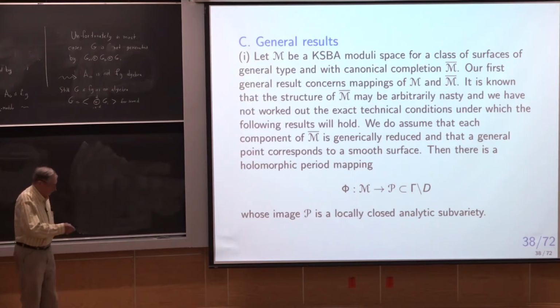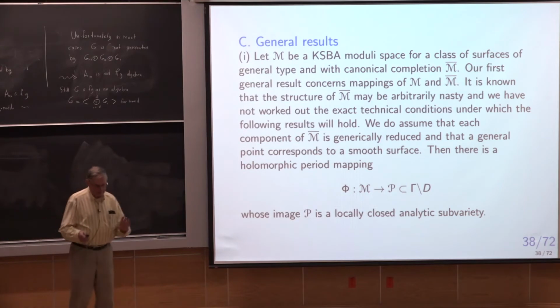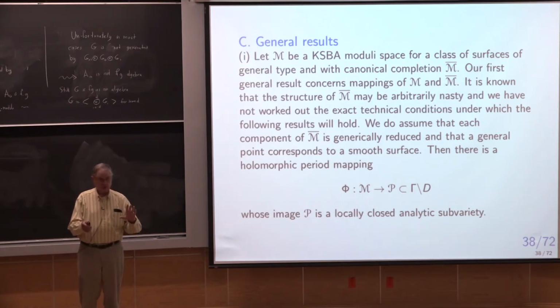So if you're going to look at the global period mapping, you have to factor by the monodromy group. It's like taking a Riemann surface of genus 1. Its period is a point in the upper half plane, but it's only defined up to SL2Z because it depended on choosing a homology basis to integrate your differentials over. So that's the general sort of picture.